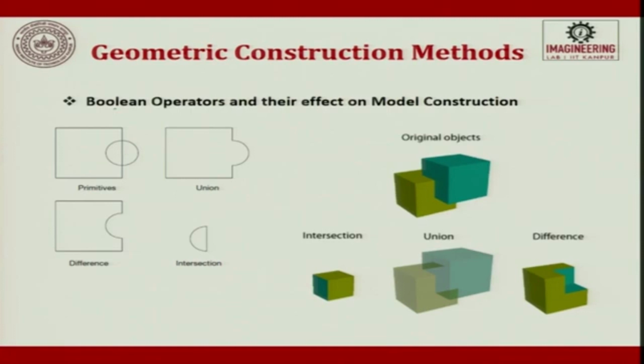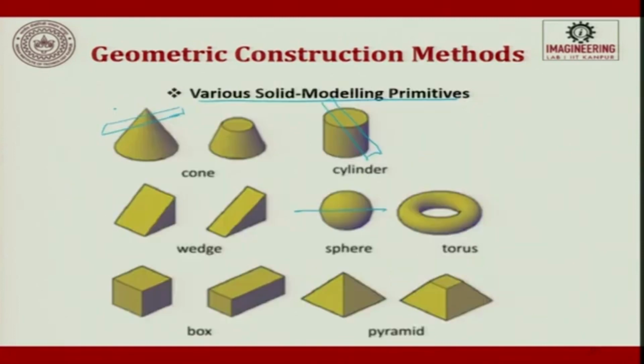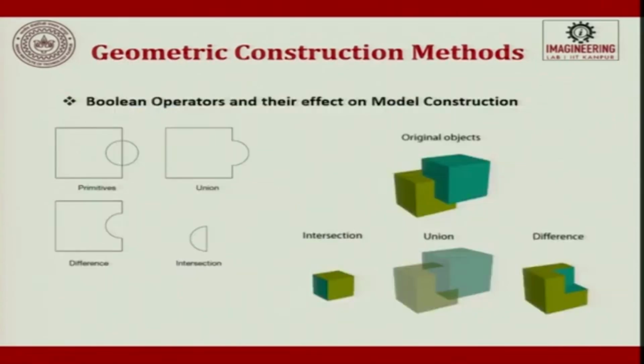Now, you have all these objects. Depending upon your requirement, the easiest thing is to start applying Boolean operations. Boolean operations are intersection, union, and difference: A union B, A intersection B, and then the difference.